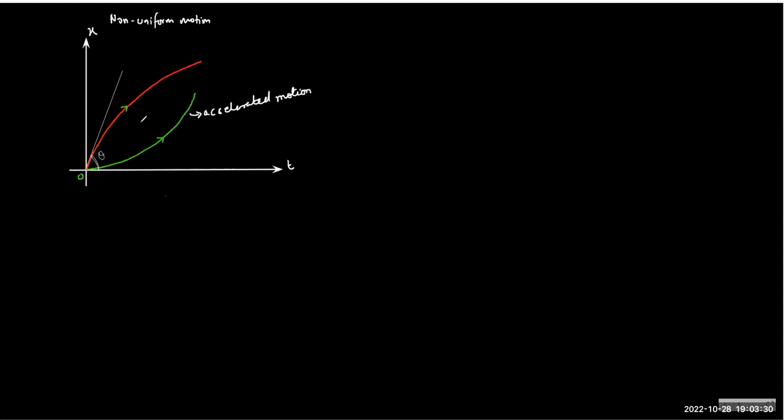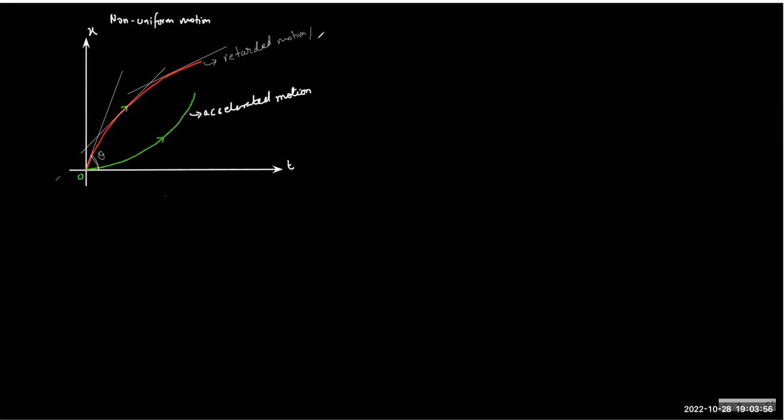you can see that the slope, as time progresses, will increase or decrease? Decrease. So the velocity magnitude is decreasing. So what kind of motion is it representing? Retardation.